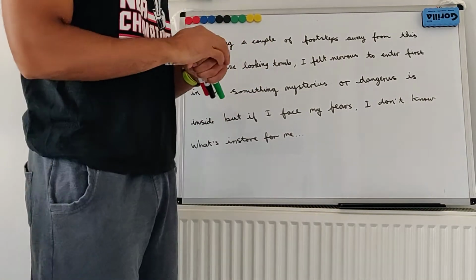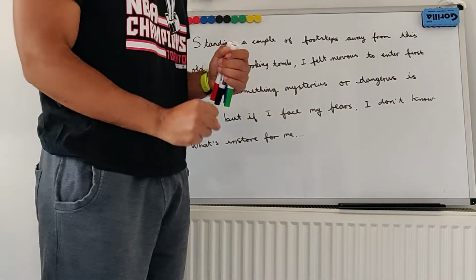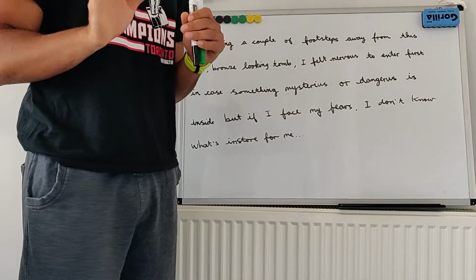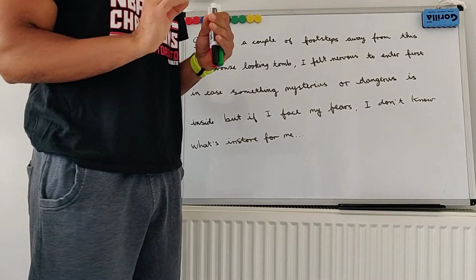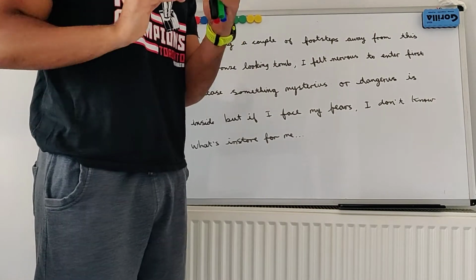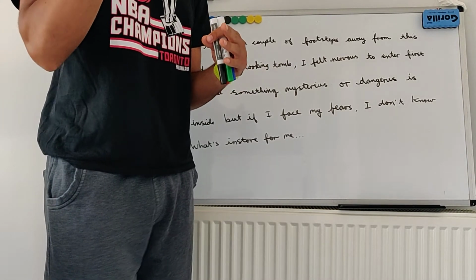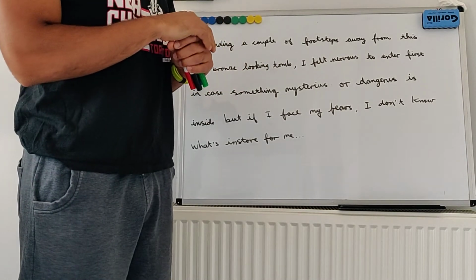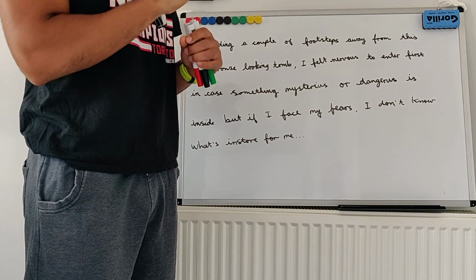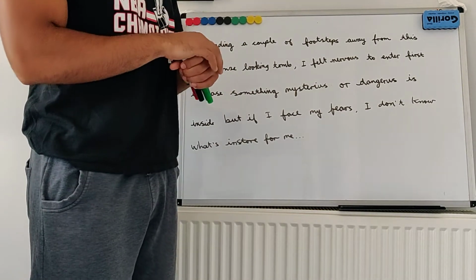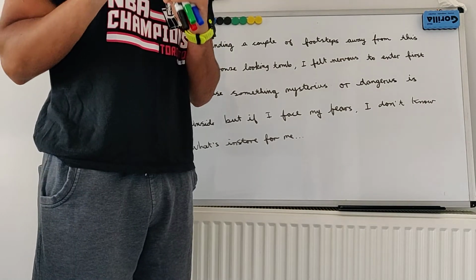Okay, so I'm just going to read this through, but we're going to concentrate on one thing at a time. The first thing, how you should consider editing is almost like a layer process, which we're going to do one thing at a time, because there are so many things that we can correct and that we can up level, but you're going to do it one at a time.